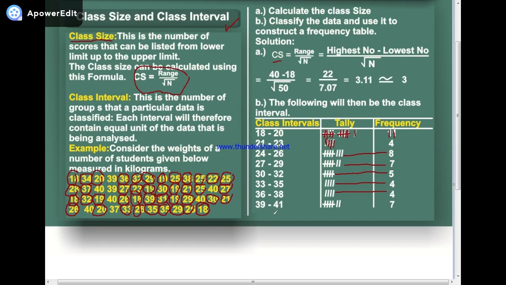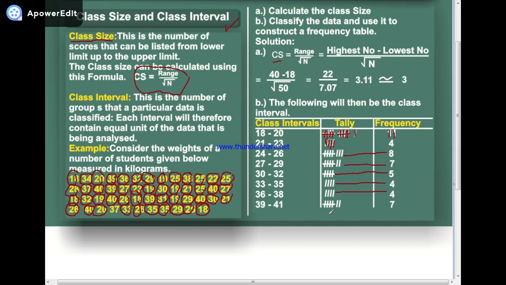Now the last one is 39 to 41. 39 to 41, that is 1, 2, 3, 4, 5, 6, and 7.